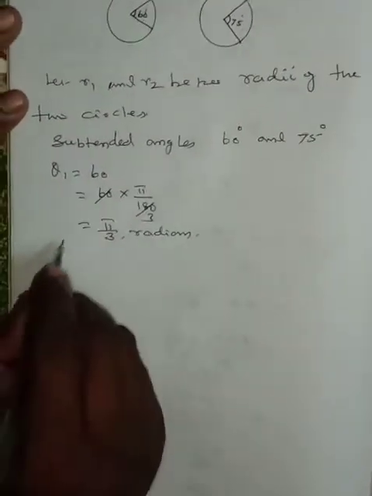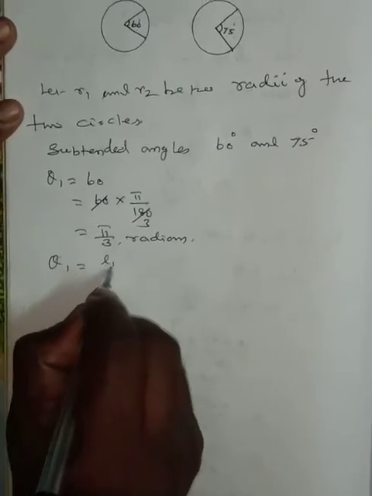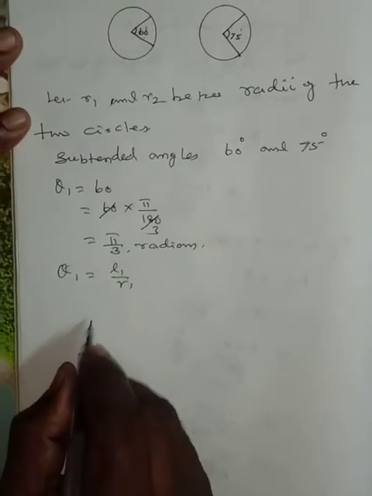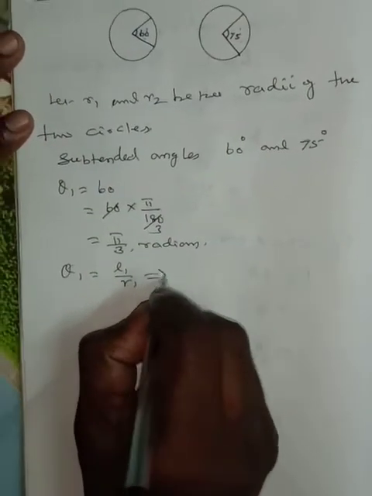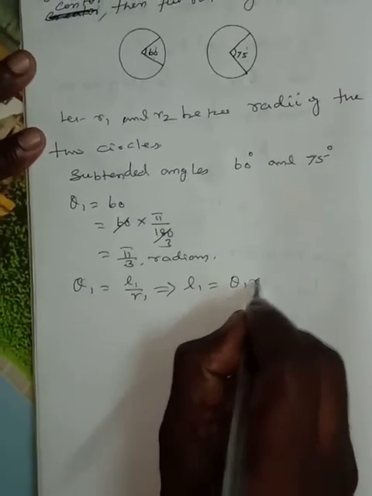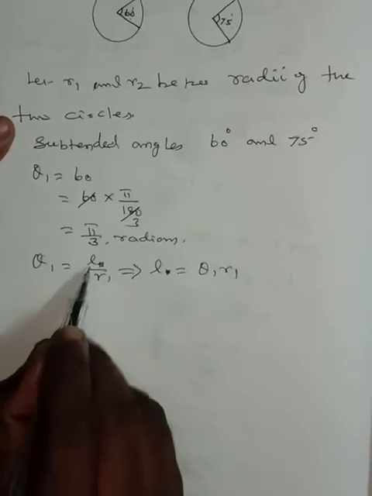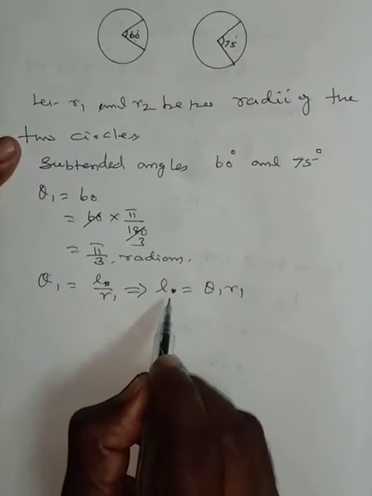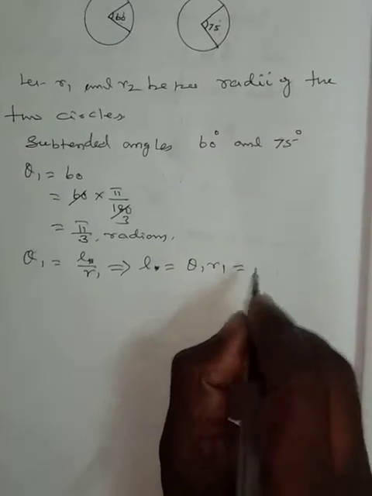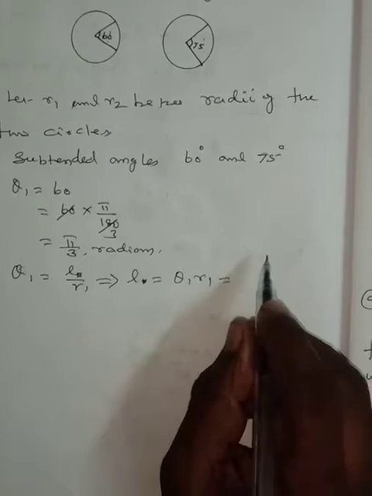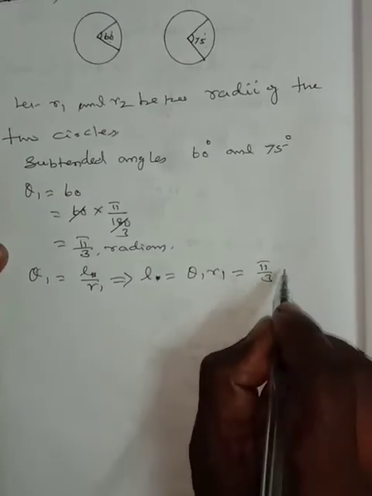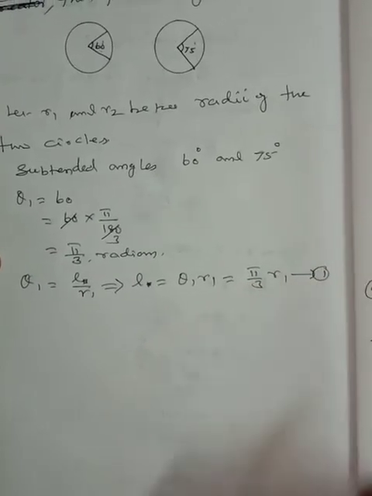Theta 1 is equal to formula L1 by R1. So L1 is equal to theta 1 into R1, L is equal to theta 1 R1, first theta 1 is pi by 3 into R1. Number this as 1.